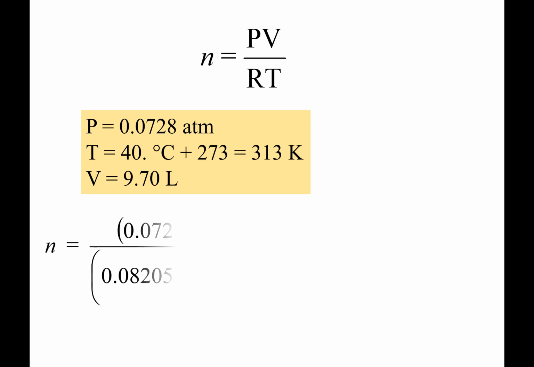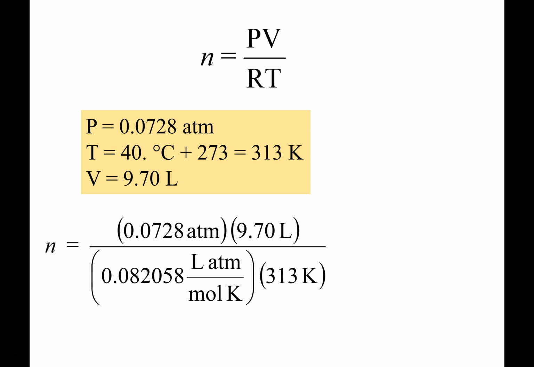So n will be equal to, in the numerator, the pressure, 0.0728 atmospheres, and the volume, 0.970 liters. In the denominator, we have R, 0.082058 liters atmospheres per mole Kelvin, and also that temperature of 313 Kelvin.